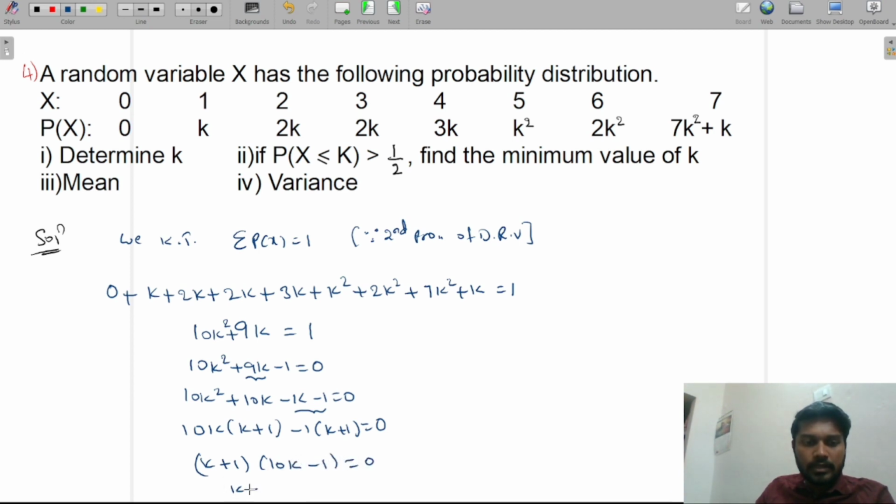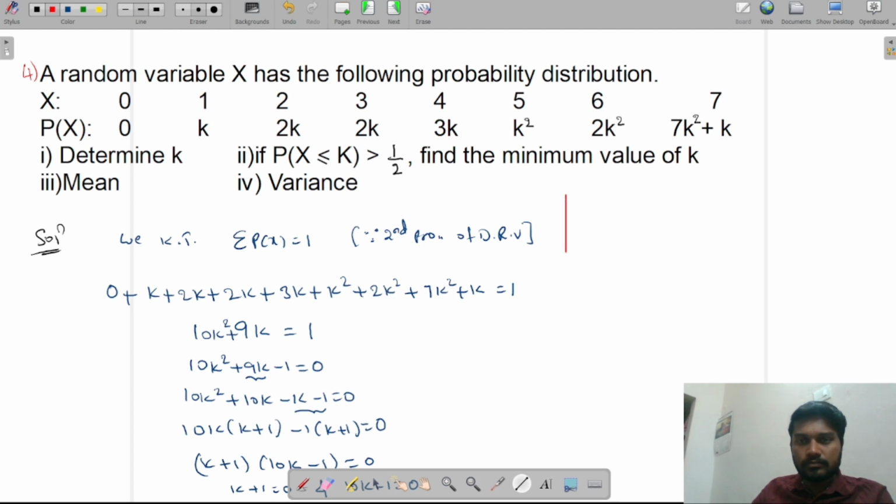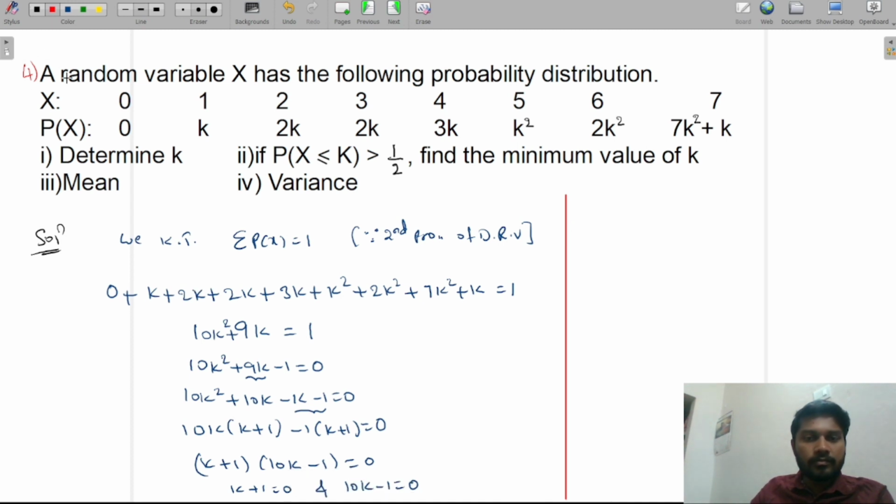So k plus 1 equal to 0 or 10k minus 1 equal to 0. From the first, k equals minus 1.